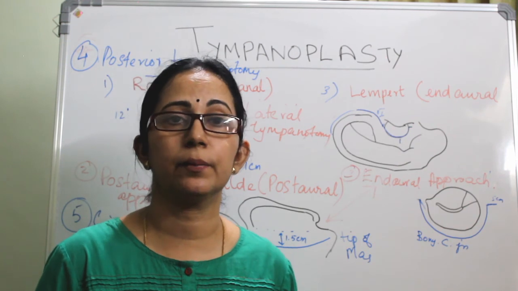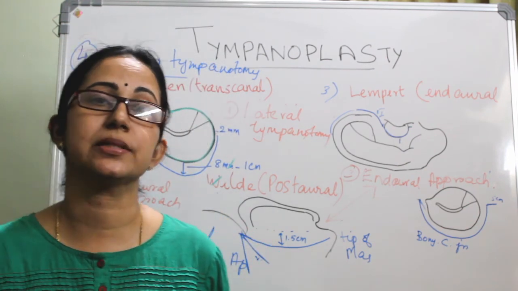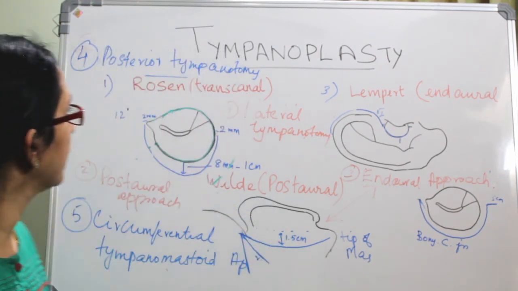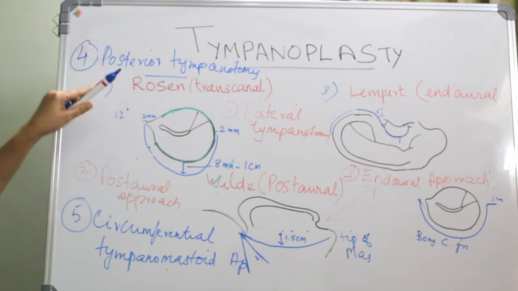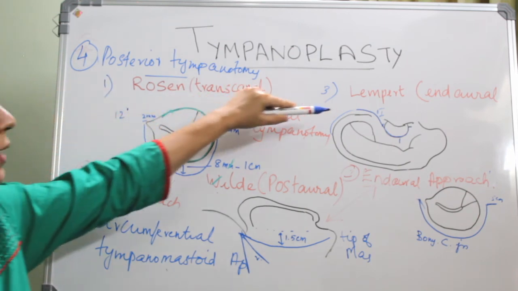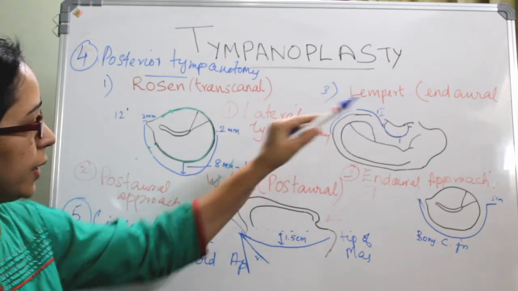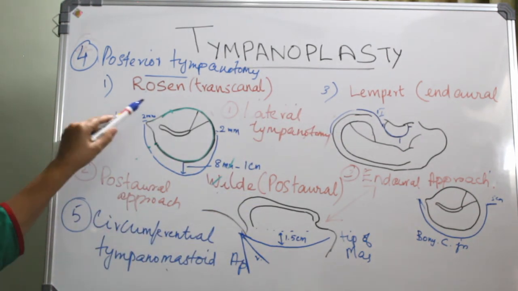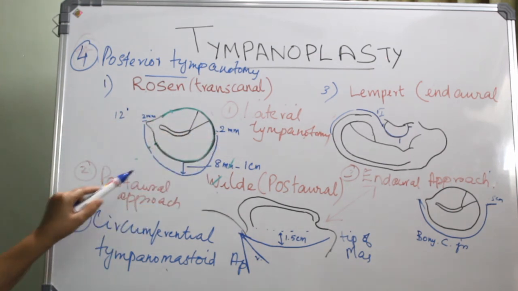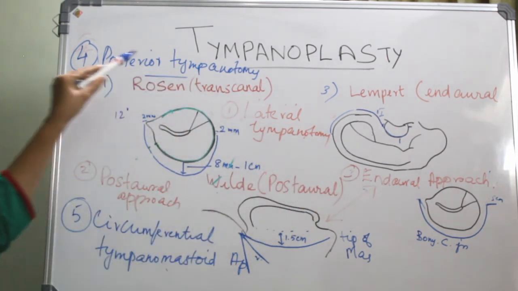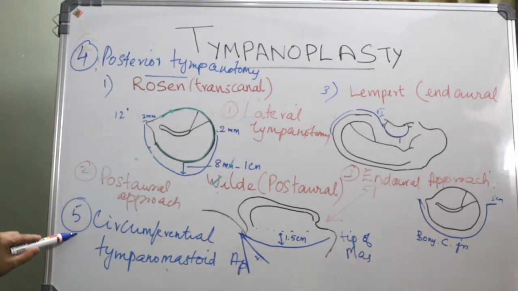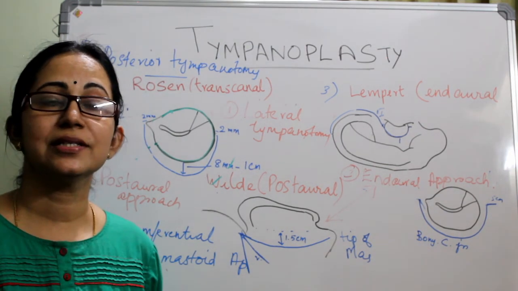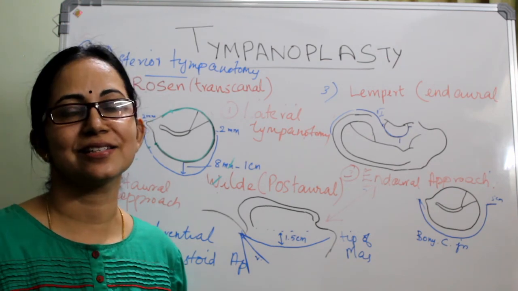So I have explained the general tips for tympanoplasty surgery, the incisions, mainly the Rosen's transcanal incision, Lempert endaural with Lempert 1 and 2, and also the William-Weil's post-aural incision. And the approaches are the lateral tympanotomy approach, post-aural approach, endaural approach, posterior tympanotomy approach, and the circumferential tympanomastoid approach, mainly for the sinus tympani and facial recess cholesteatoma.